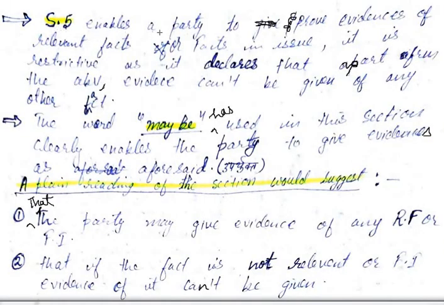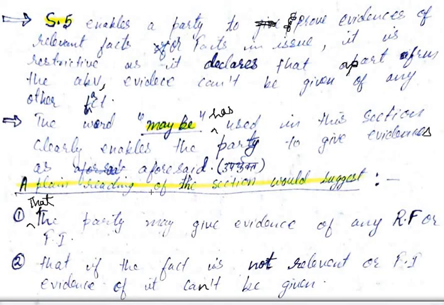So write down, section 5 enables a party to prove evidences of relevant facts or fact in issue. It is restrictive as it declares that apart from the above, evidence cannot be given of any other fact. The word "may be", in inverted commas, the word may be used in this section clearly enables the party to give evidences as aforesaid.